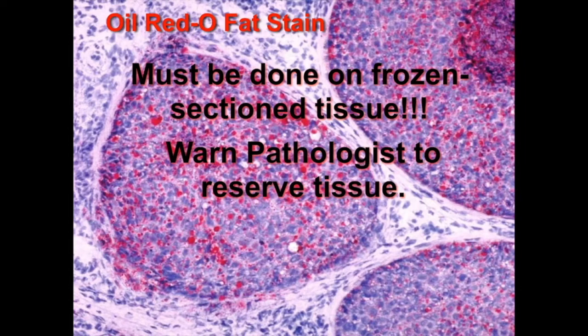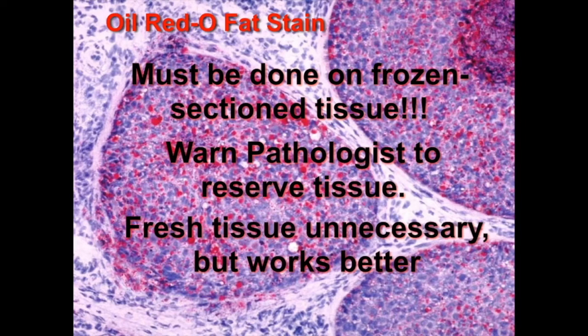The diagnosis is fairly straightforward if you're familiar with the disease. Again, if you're somewhere where the pathologist may want to do this stain, you have to warn him to put some tissue aside for potential staining. Fresh tissue is unnecessary, but it works better.